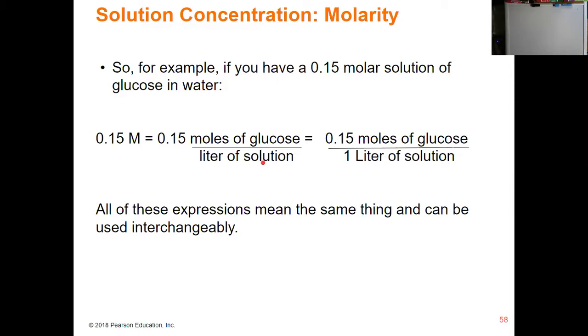Or more specifically, I have 0.15 moles of glucose for every 1 liter of solution. So this is the most defined version of our molarity unit. When you see something like 0.15 molar, it means that for every 1 liter of solution, you have 0.15 moles of that particular solute.